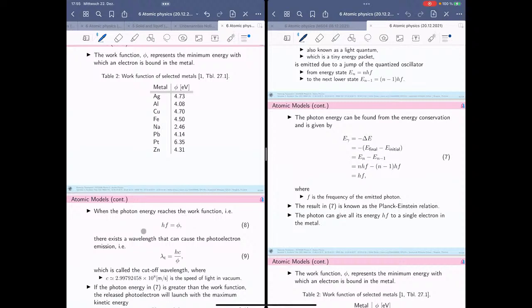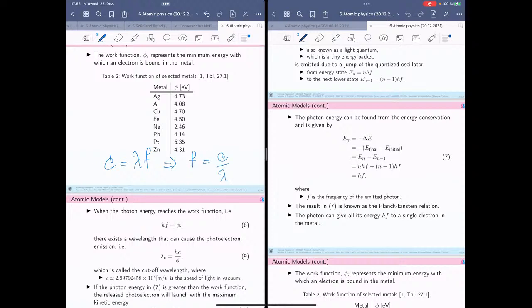If you use this relation, c equals lambda f, then you would get lambda equal c by f. We have to represent this relation in terms of f. So f is going to be c by lambda.